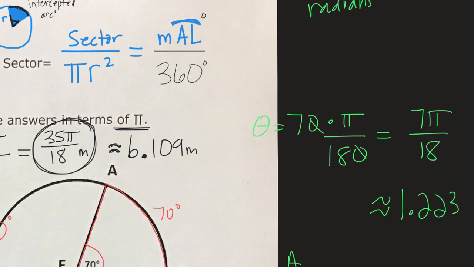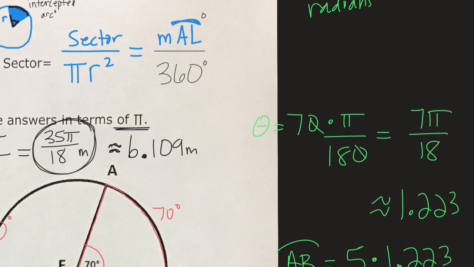So then what if I were to do 5, the radius, times 1.223? What is 5 times 1.223? Hopefully, it's pretty close to 6.109. 6.115 meters. Okay, so then why is it different?